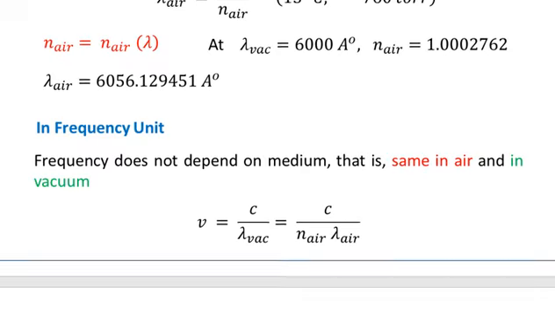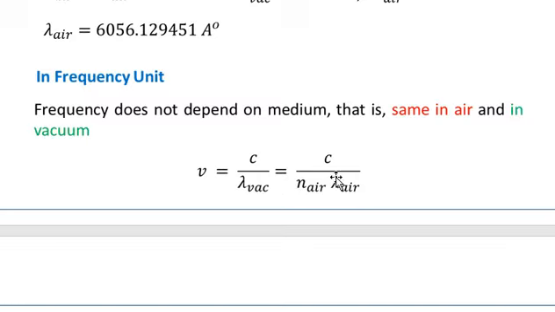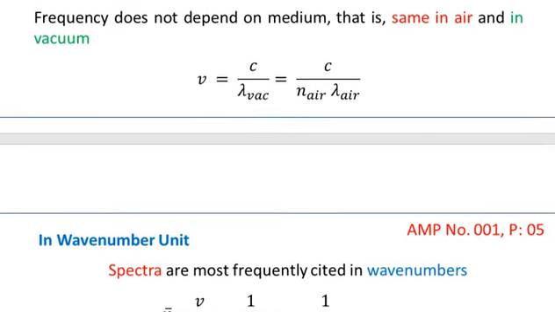So you have the frequency nu, which is equal to C over lambda vacuum, which is equal to C over N air times lambda air. So you see that nu would not depend upon whether you use lambda vacuum or lambda air. It will give you the same value in both vacuum and air. So nu has an advantage in the sense that you don't need to specify whether the frequency is in air or in vacuum. It will be the same.